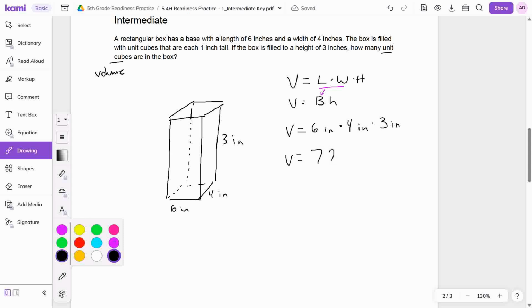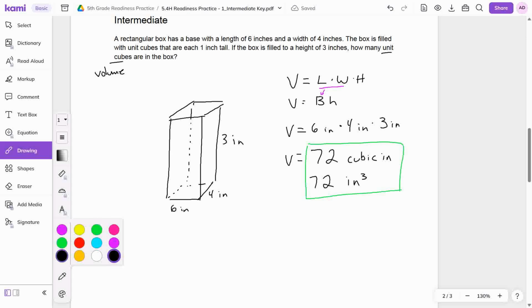So 72. Now we can either write it like cubic inches, or we can write 72 inches cubed. That's a little 3 exponent, just like a little 2 is square, a little 3 means cubic inches. And so either one of these ways of writing it is going to be correct.